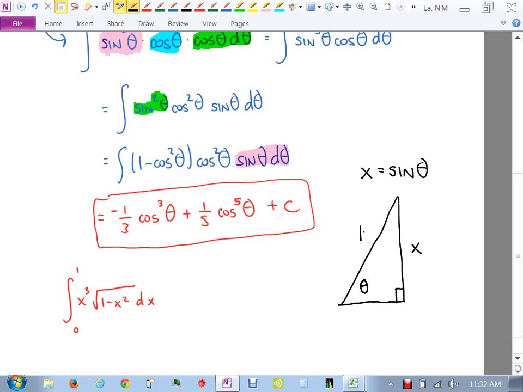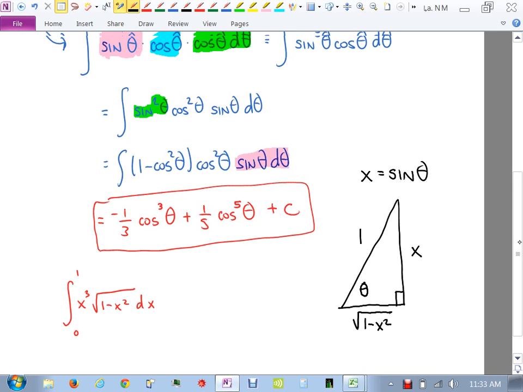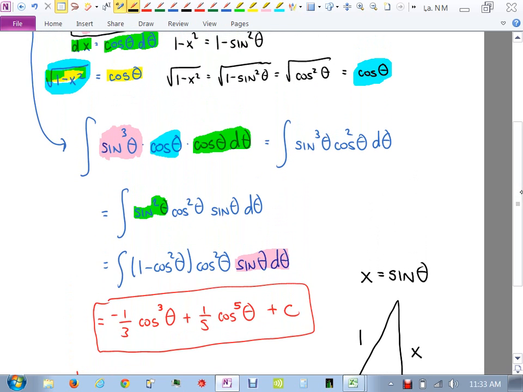Yeah? Now I want to know what cosine theta is, right? Cosine theta is the adjacent side over the hypotenuse. But what's the adjacent side? The square root of 1 minus x squared. Now, did anyone notice I could have gotten that from this line right here? Yes? You see it right there? What cosine theta is?